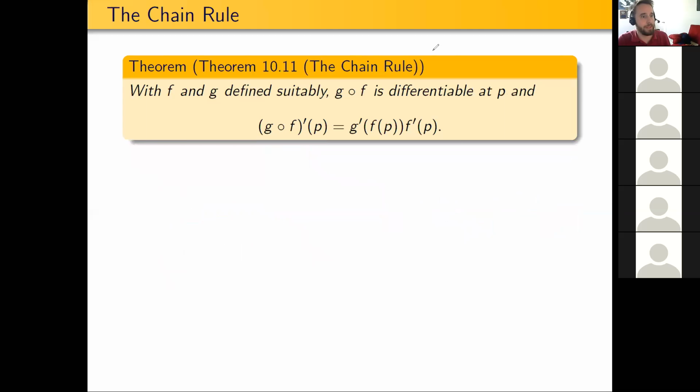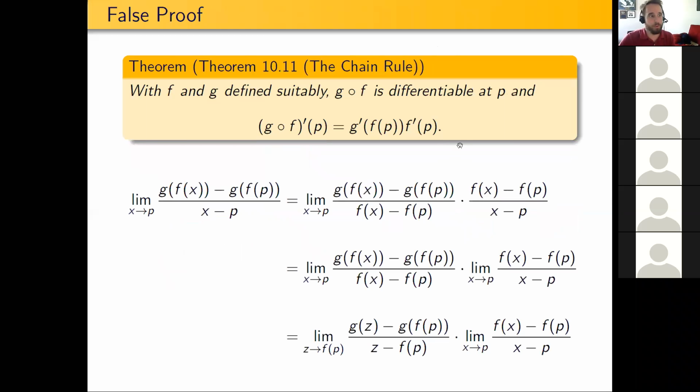So this feels like it should be right, and it's so seductive almost that I would call this a seductive false proof. And I want to walk through this false proof because it's worth identifying why it's false. But first, let's see how right it looks, how good it looks. So this is the false proof. The quantity on the left here was just our g of f prime at p.